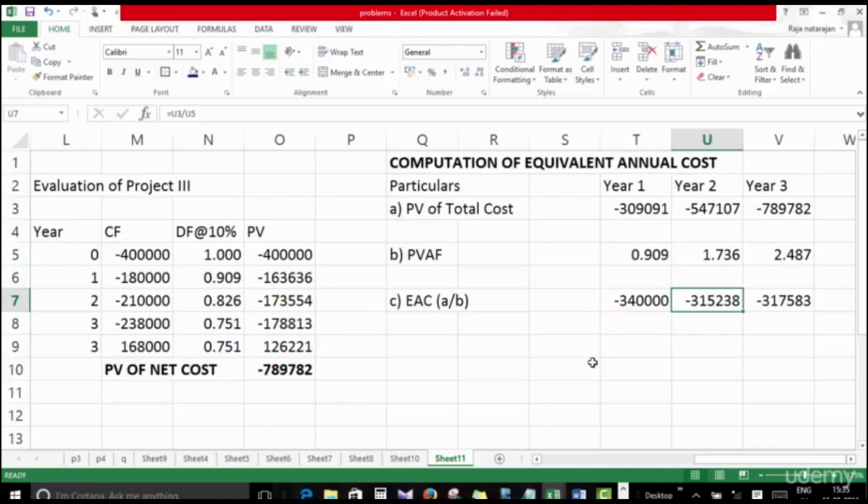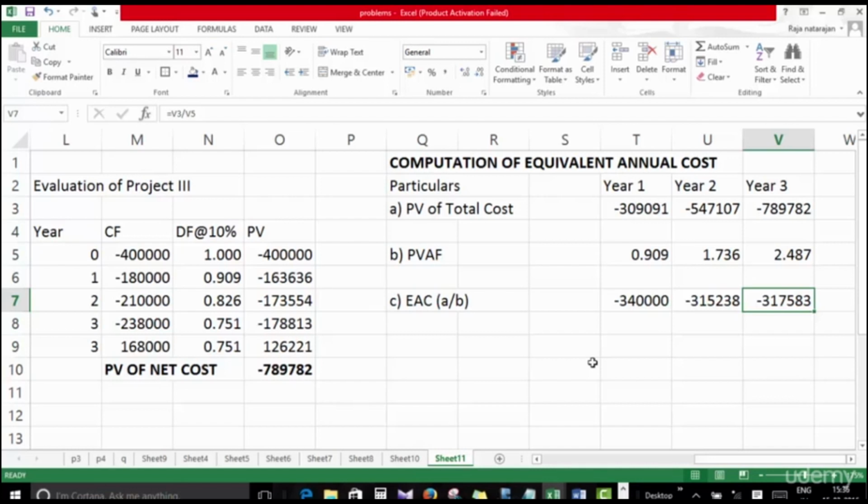But if you're going to sell it at the end of year two, then it is as good as spending 3,15,238 every year. And if you're going to sell it at the end of the third year, then it is as good as spending 3,17,583 every year. So now we have to select the best, keeping our objective of reducing the cost, because we are going by the equivalent annual cost method.